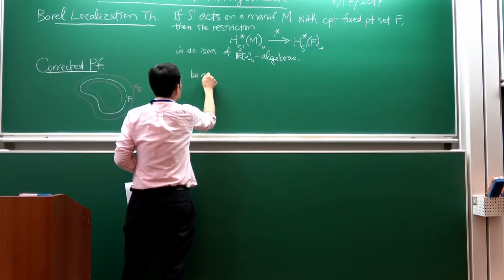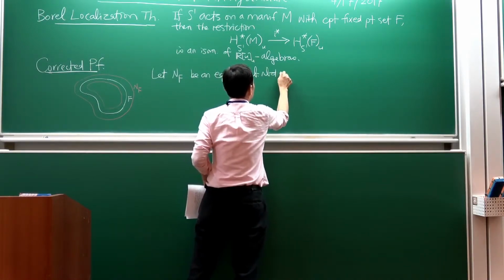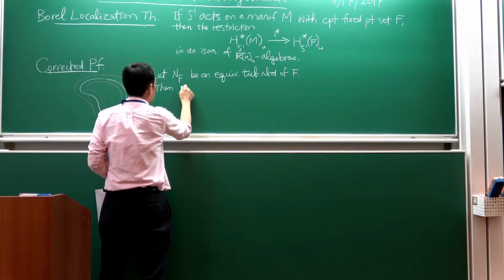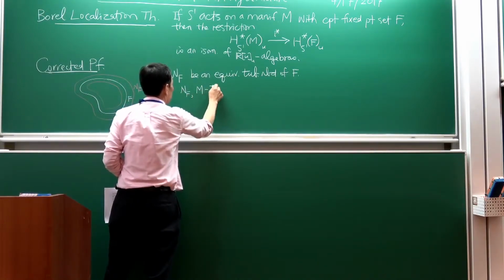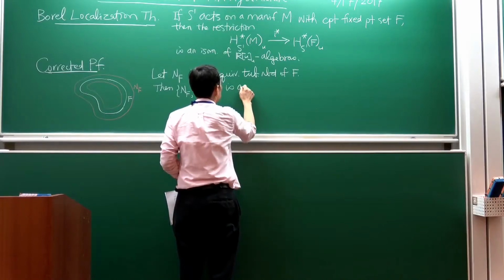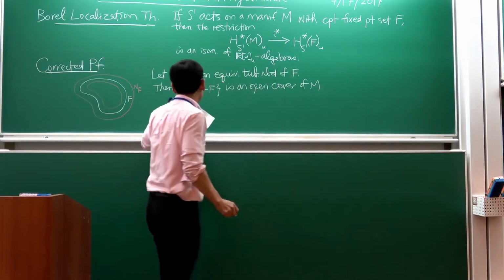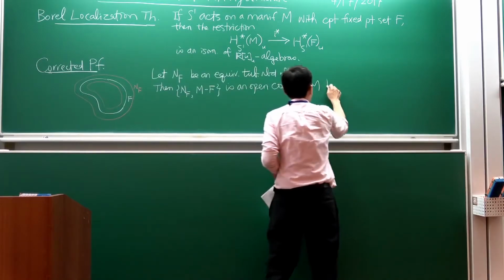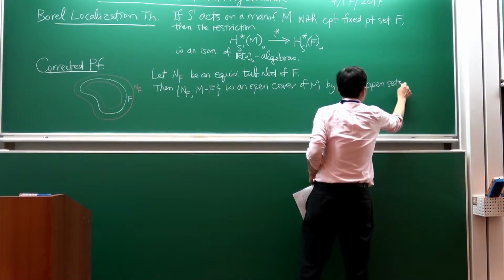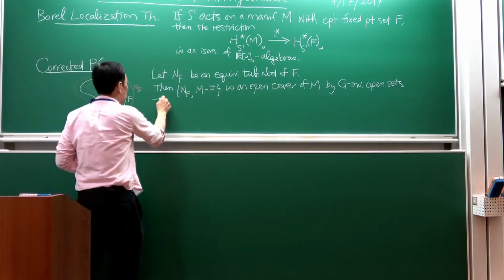So let NF be an equivariant tubular neighborhood of F. Then NF and M minus F is an open cover of M, and they are both G invariant. And so you have an equivariant Mayer-Vietoris sequence.